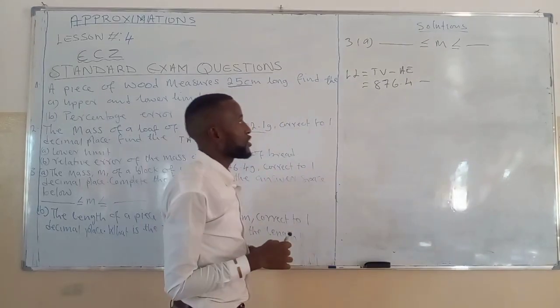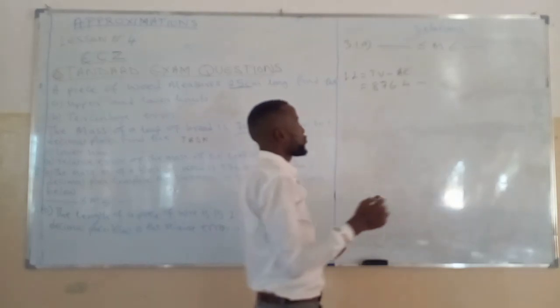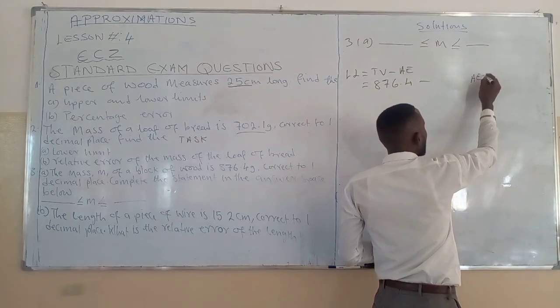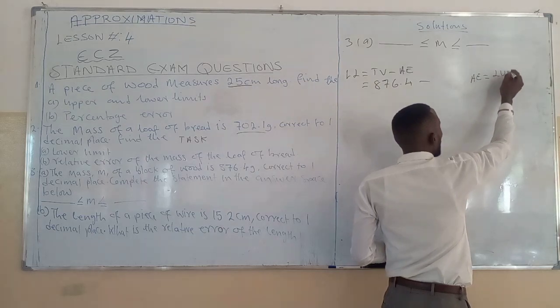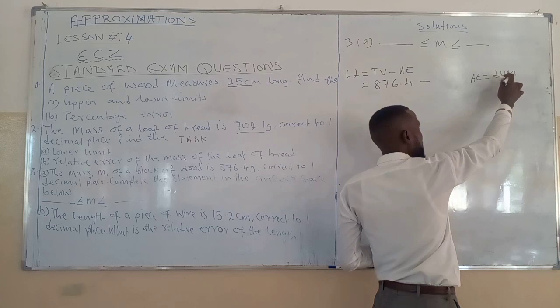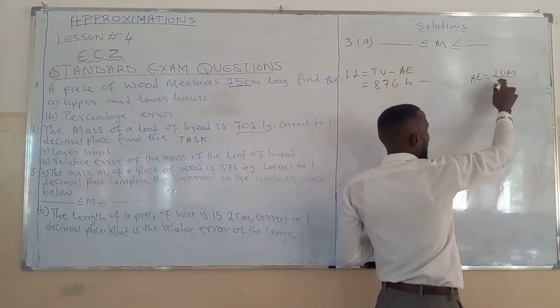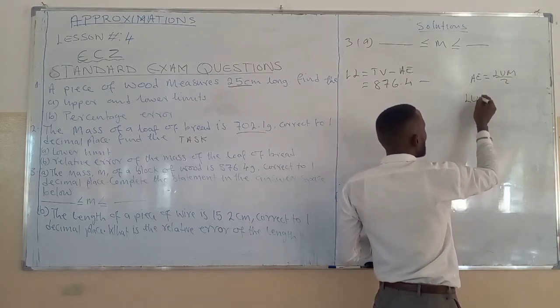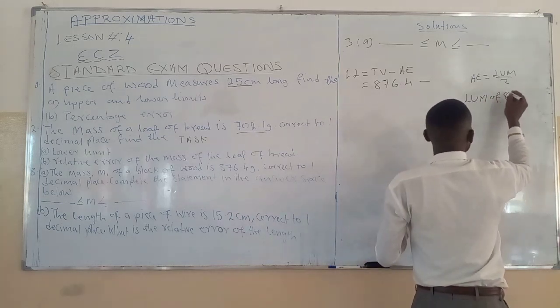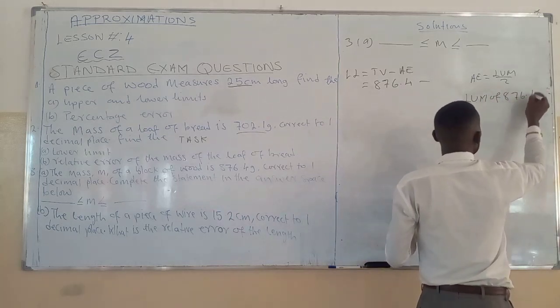So what you need to do is find the absolute error, which is found by the least unit of measurement divided by 2. Now what is the least unit of measurement of 876.4?